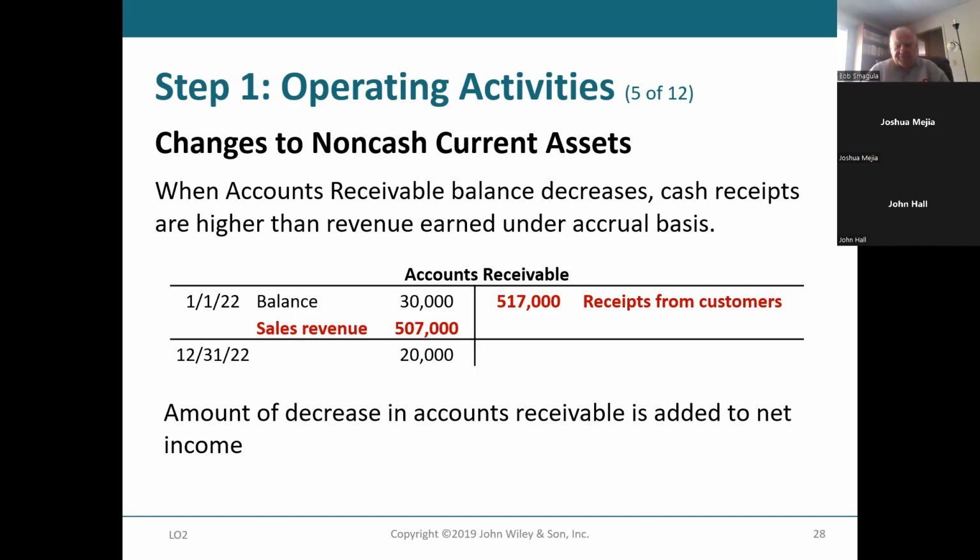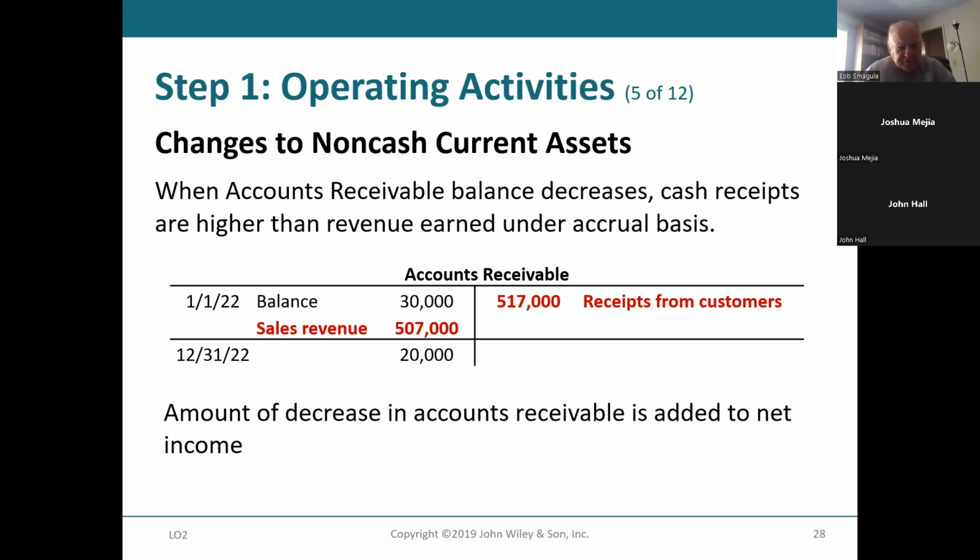Let me talk about this, and I think it'll make it a little more clear as we roll along. Any increase in a current asset is an unfavorable cash flow. That is a hard and fast rule you need to know. Any increase in a current liability is a favorable cash flow.